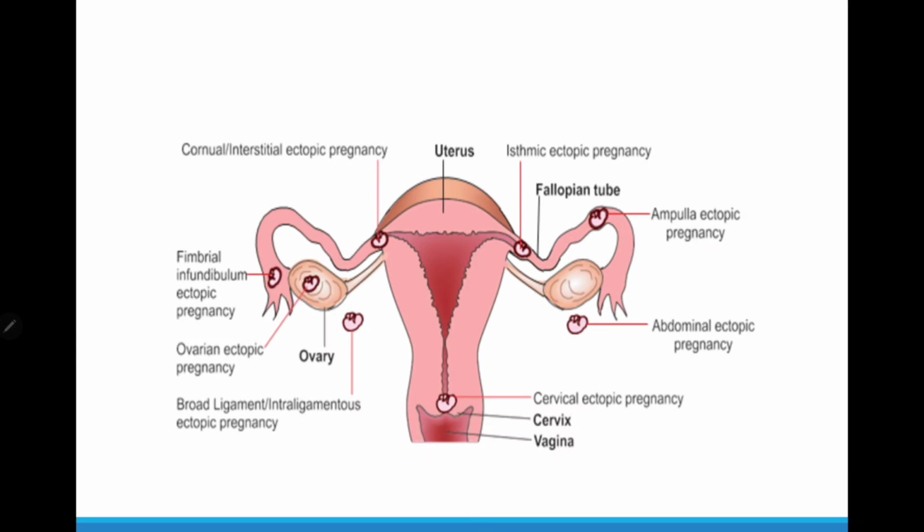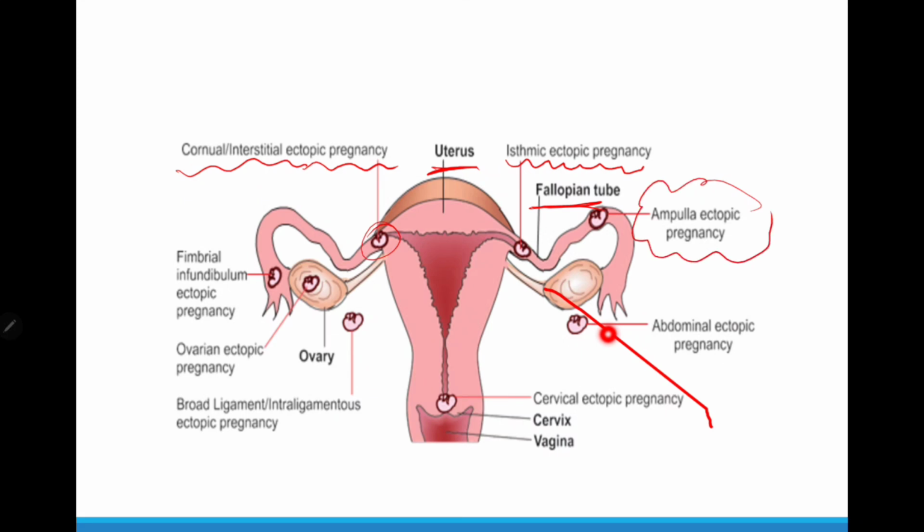Now look at this image. This is your uterus. This is your fallopian tube. In the fallopian tube, the narrowest part is the isthmic ectopic pregnancy. This one denotes your isthmic ectopic pregnancy, and this one over here is your cornual or interstitial ectopic pregnancy. In the widest part, you have your ampullary ectopic pregnancy.